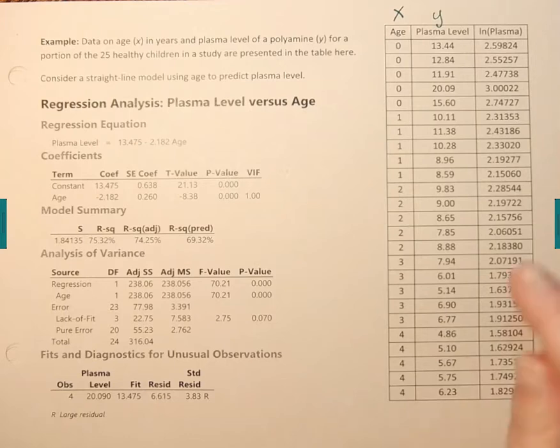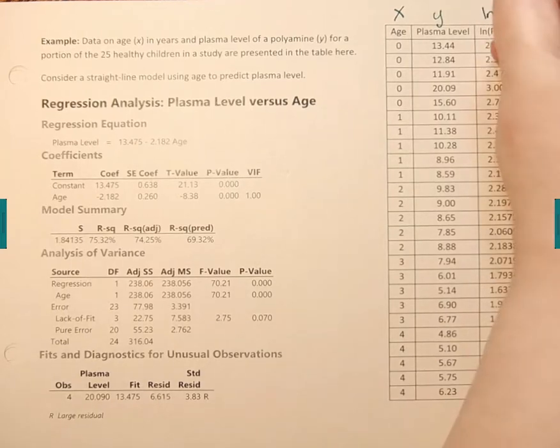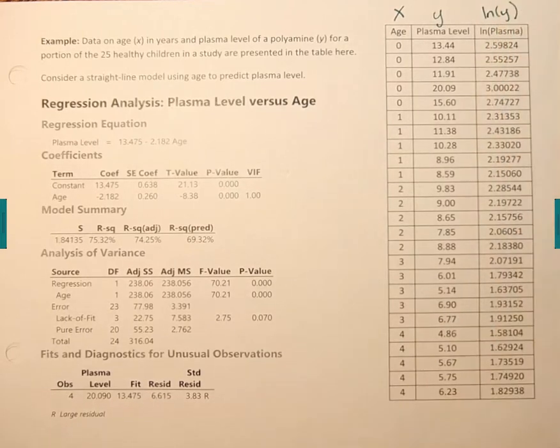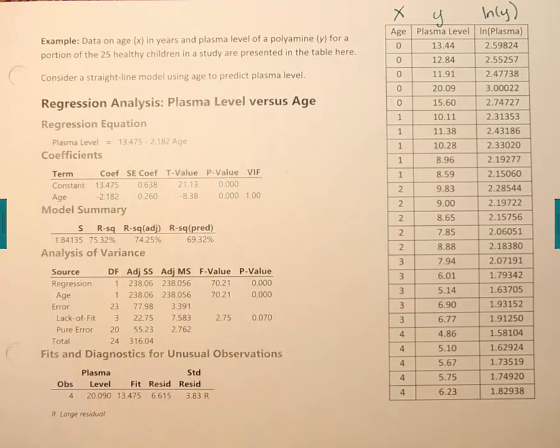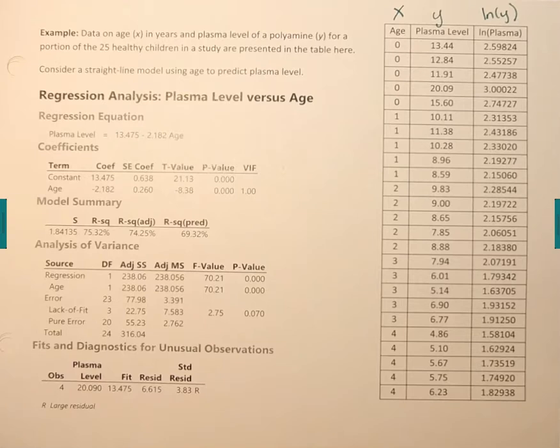Here we've also got the natural log of Y, and we'll need that in a little bit. First, we're going to just consider that straight line model we've seen before, simple linear regression, using age to predict plasma level. Here is that fit using Minitab.